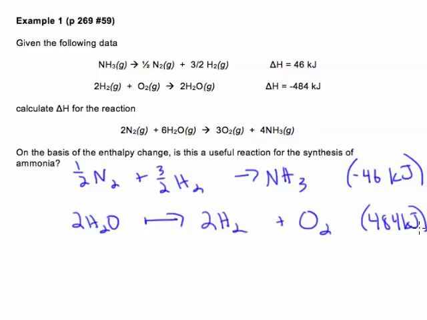So we have the steps in the right order right now, but we have to figure out the amounts. We need the coefficients to be the same. I like to start with the largest coefficient. We need 6 waters, so we need to multiply all of the coefficients in this by 3. We need this reaction to happen 3 times to give us 6 waters, 6 hydrogen atoms, and 3 oxygens.